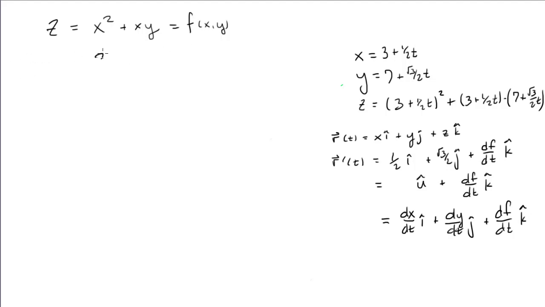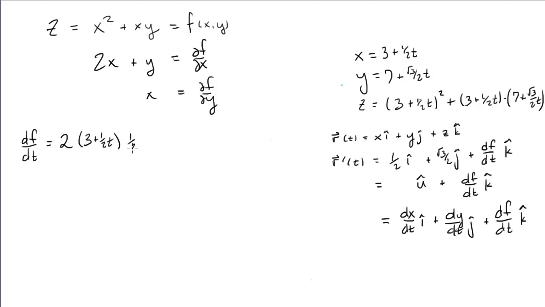Taking the partials of f, and now let's just compute df/dt using Calc 1. Product rule. And put in what those symbols are in terms of the parameterization.